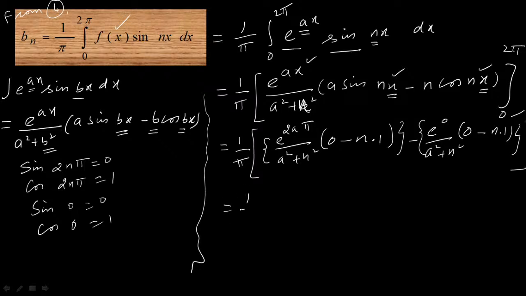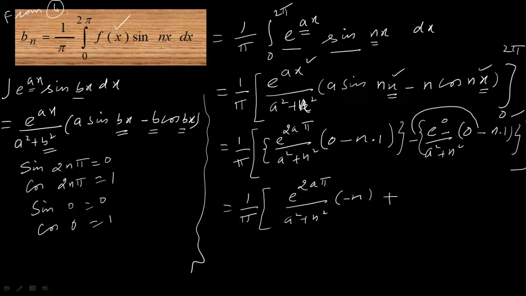So that is equal to 1 by pi. Simplifying this, you get e power 2a pi divided by a square plus n square of minus n. Here you have minus and minus becomes plus. And also e power 0 is 1. So 1 divided by a square plus n square of n plus n.